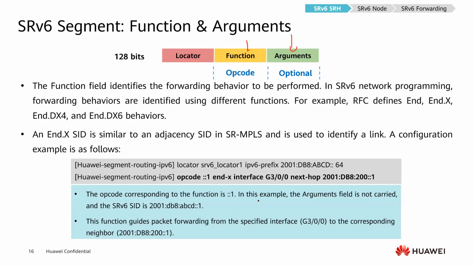Argument is normally an optional field that you can configure or not. It defines some additional information for this segment. If you want to configure it, you can, but most of the time, if you do not have a special requirement, you can just leave it empty.